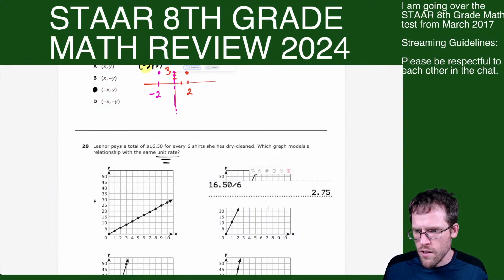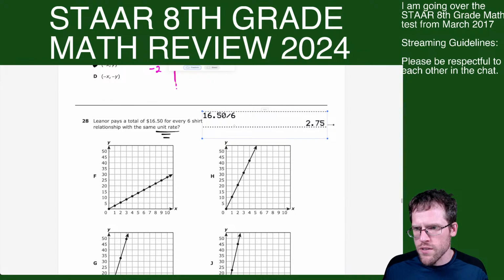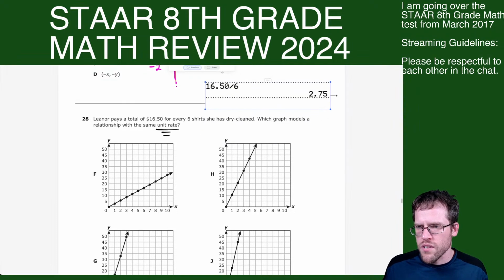We'll get rid of this. Now, if you want to, say more, this technically counts as your slope. So $16.50 over 6 is 2.75, which would tell us our slope. Like, we're basically just finding the slope between 0, 0 and the point 6, 16.50.